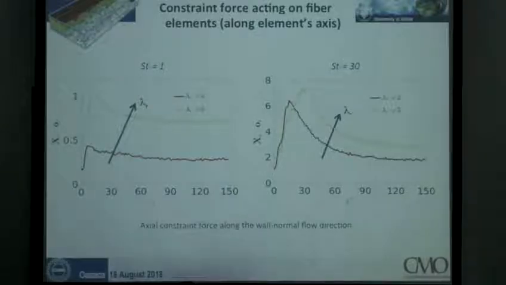And as you can see, these constraint forces are higher for longer fibers. So it means that these fibers are more subject to tensile forces. This is due to the fact that being longer, they experience different velocity gradients, which induce the deformation. And there is a clear peak, especially here, exactly in the region where we could observe a stronger bending, so near the wall.